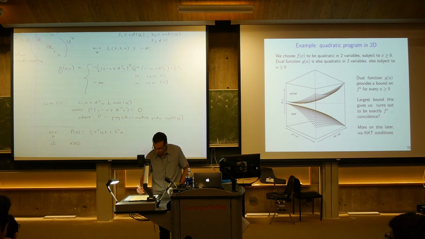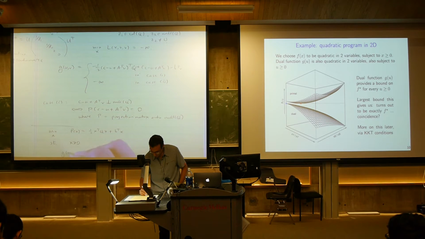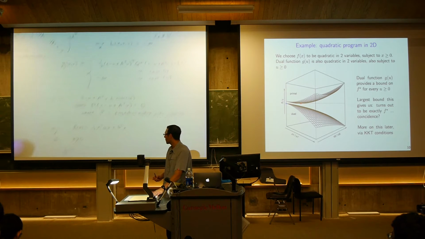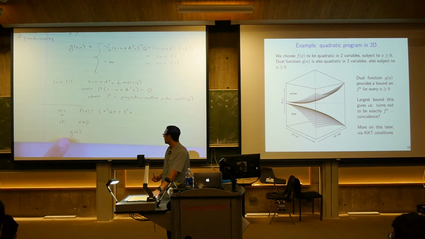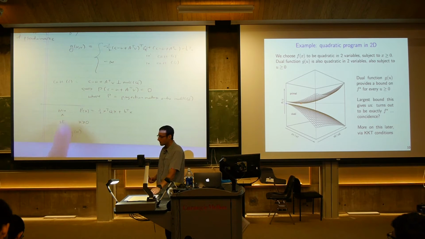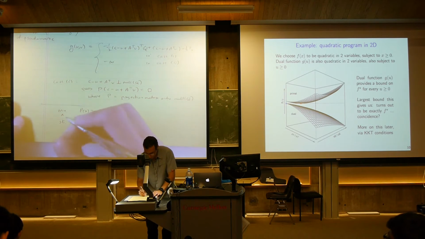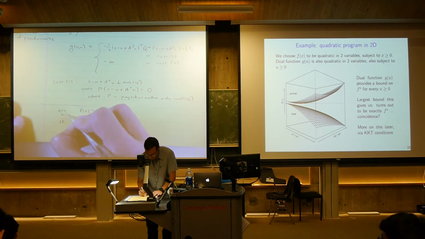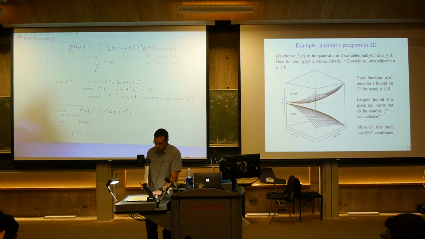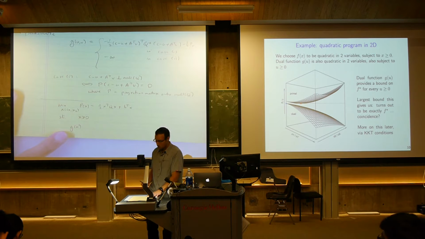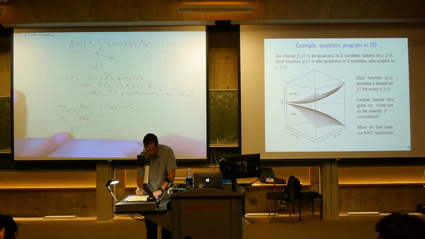The dual function is just going to be a function of one block of variables, so it's just a function of u. u is two-dimensional because I have 2 constraints here. Let's suppose x was x1, x2. Then I have 2 dual variables, u1, u2, and it's itself a quadratic, right?